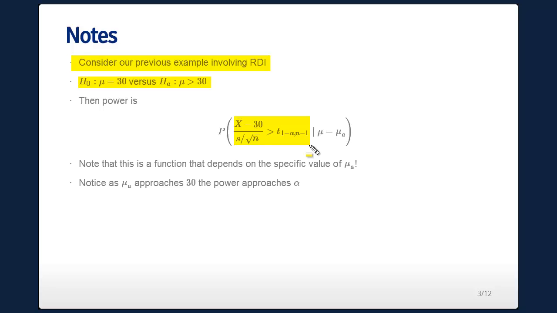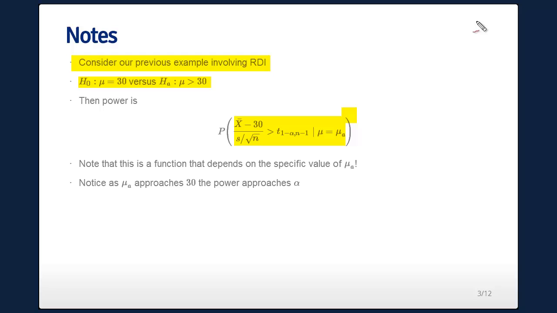But now, if we calculate this probability under the null hypothesis, we would just get alpha, because that would be the probability of rejecting under the null hypothesis, which we have stipulated to be alpha. But let's instead calculate it under the hypothesis that mu equals mu a, for some value mu a bigger than 30. So remember, for power, you have to plug in a mu a.